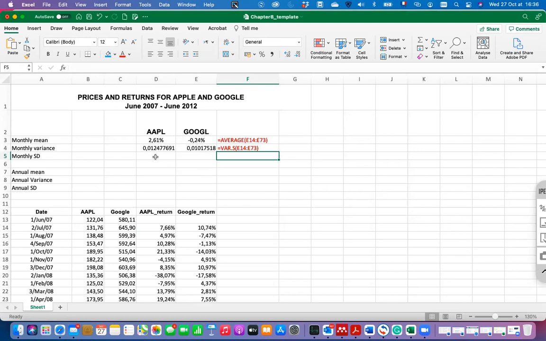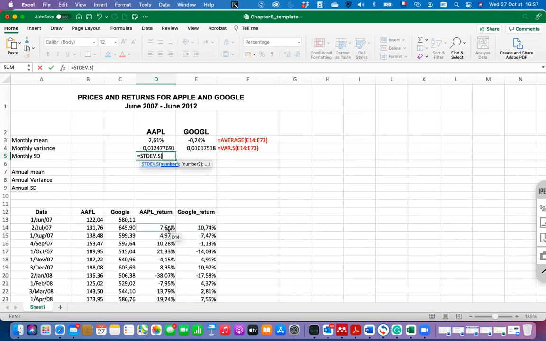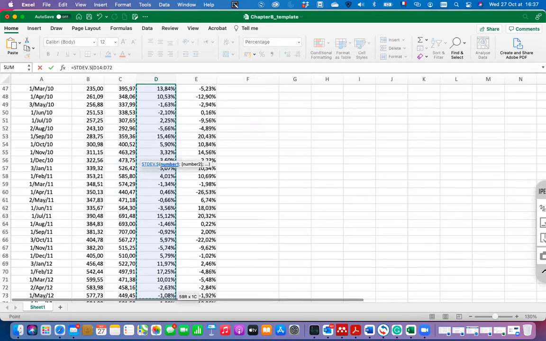Now, the monthly standard deviation, we have two options. The standard deviation is simply equal to the square root of variance, or we can use the standard deviation functions here. Same thing, .P and .S. We have a sample, we use the S. We select all the data.